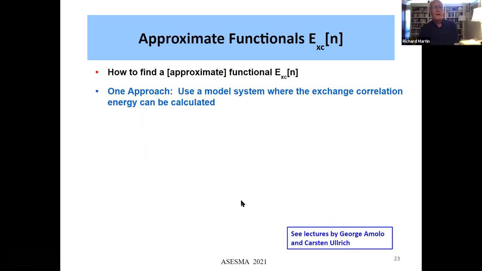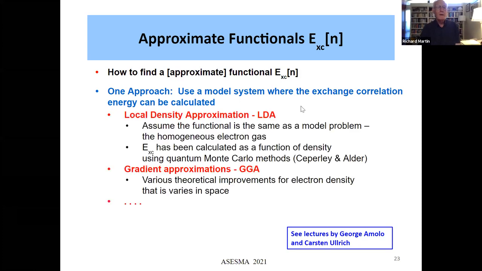So let's see what kind of functionals have been developed. Now, I'm really not going to say much about these. There's more said in lectures later by George Galli and Carsten Ullrich. But I want to name some of the functionals and describe a little bit of what they are. One approach is to use a model system where you can really deal with the many-body problem. Like the local approximation, it is to use what you know about the homogeneous electron gas.